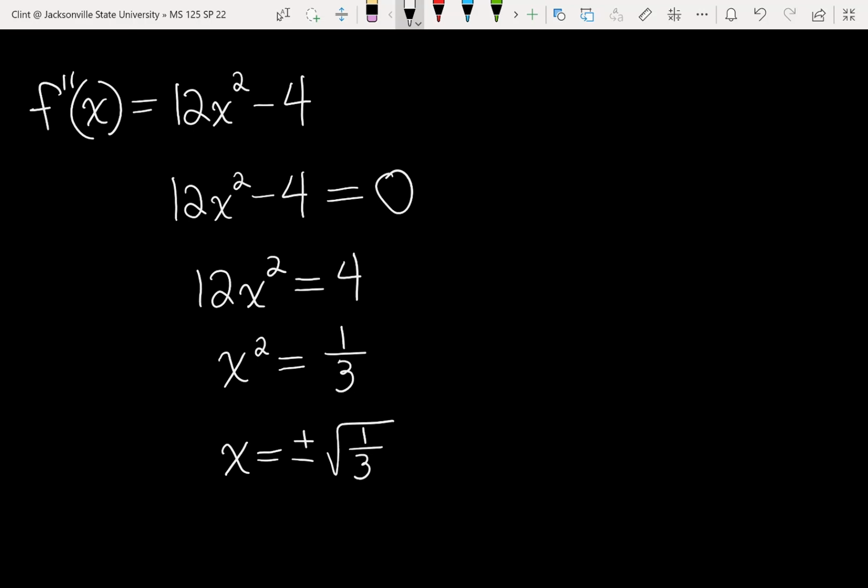What we really want, just for picking test values, is a decimal approximation so we can make sure we pick numbers on each side.